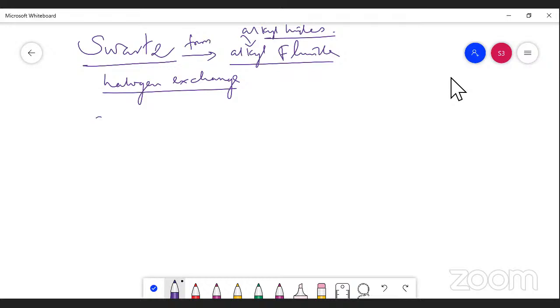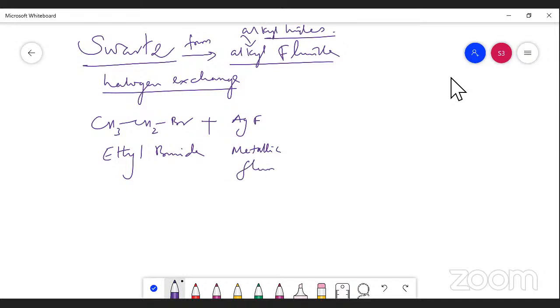What is the alkyl halide? I can take CH3CH2Br. This is ethyl bromide. This ethyl bromide is treated with silver fluoride. This is a metallic fluoride. Here also the same thing: silver becomes Ag plus, fluorine becomes F minus, and bromine forms Br minus.